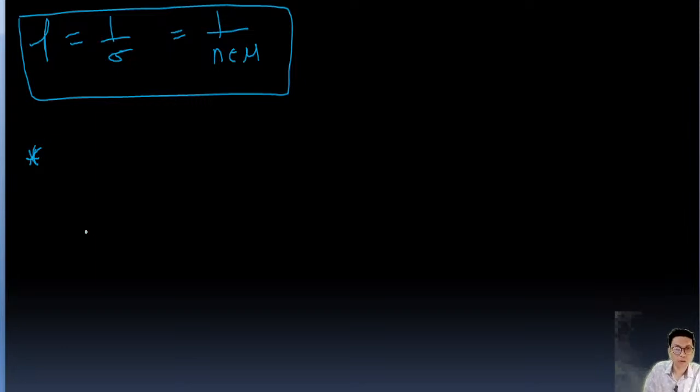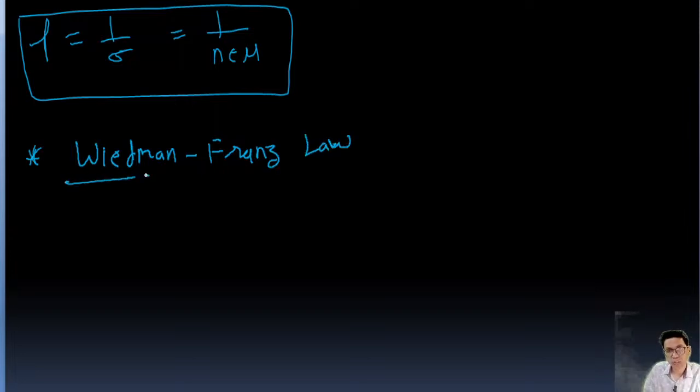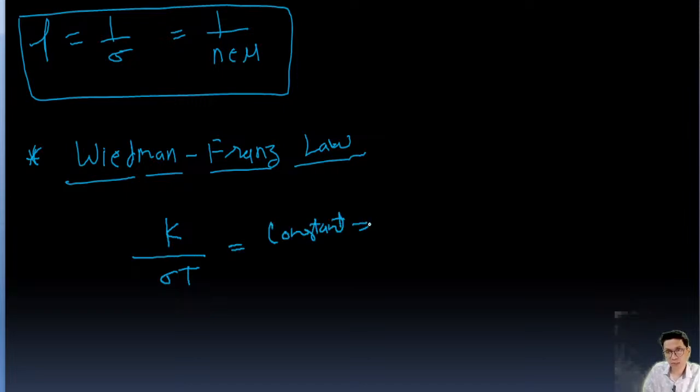It is a very important formula, and questions are asked using it. The Wiedemann-Frenz law is K upon sigma T equal to a constant, and that constant is equal to L. L is called the Lorentz number.